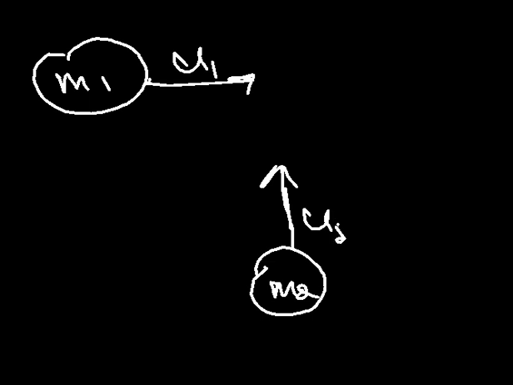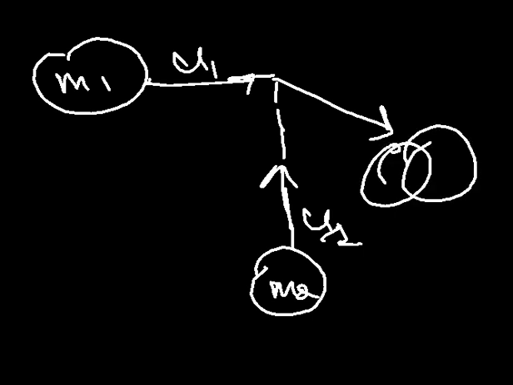Let's say u2 like that, and after some time they reach a point where they are intersecting. Upon intersecting, the objects move in this direction and stick together.